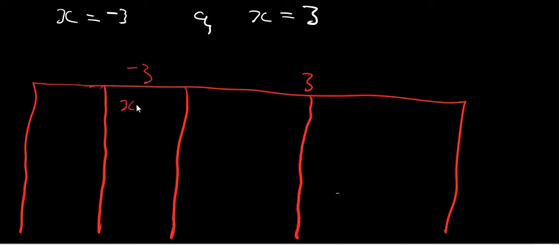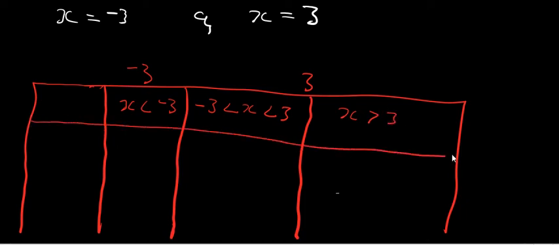In this box, it will be x less than -3, the next box will be -3 < x < 3, and the other box will be x greater than 3.